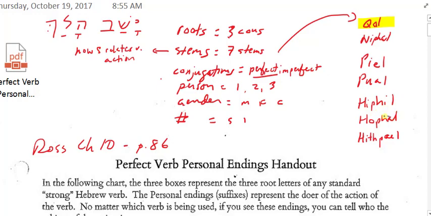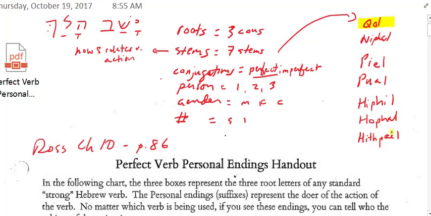So in those, the subject causes someone to do an action. So in the hifil, I might say something like, he caused someone to visit somebody. All right? And in the hofal is he was caused to visit somebody. That makes the hofal meaning passive.